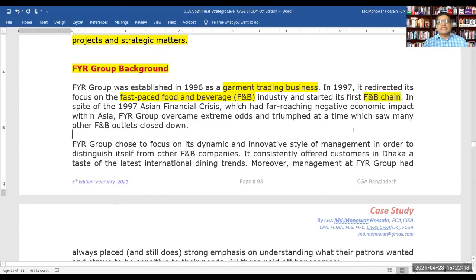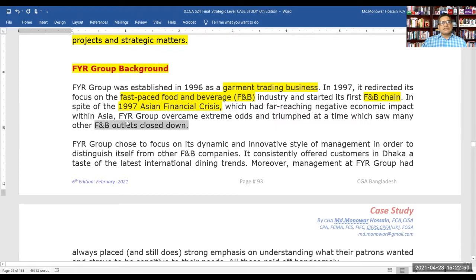In spite of the 1997 Asian financial crisis, which had far-reached negative economic impact within Asia, FIR group overcame extreme odds and survived at a time when we saw many other FB outlets close down. That means in the year 1997, within that Asian financial crisis, a lot of that type of business shut down.